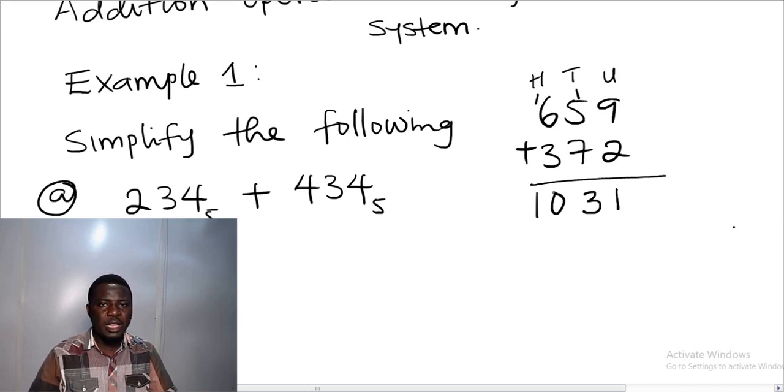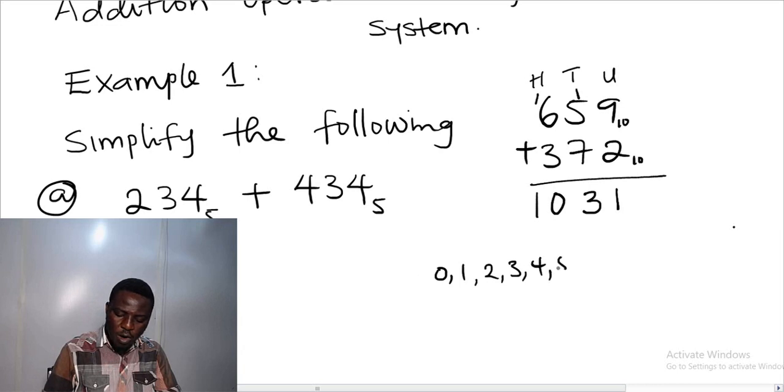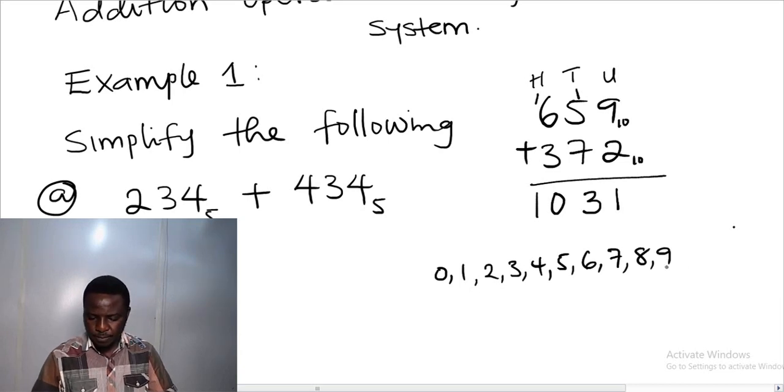But actually what you are doing is solving in base 10. And being that you are solving in base 10, the digits of base 10, remember, include 0, 1, 2, 3, 4, 5, 6, 7, 8, and 9.